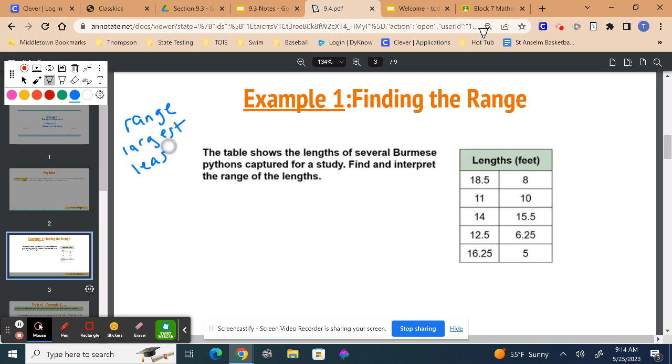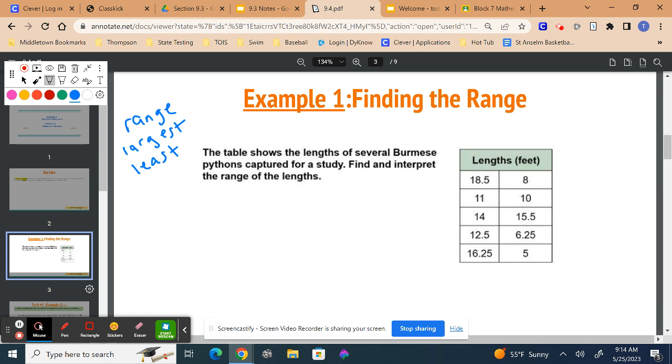Do we have to actually collect all the data and put them in order? Sometimes you're going to have a lot of data. No, you just have to find the smallest and the greatest.